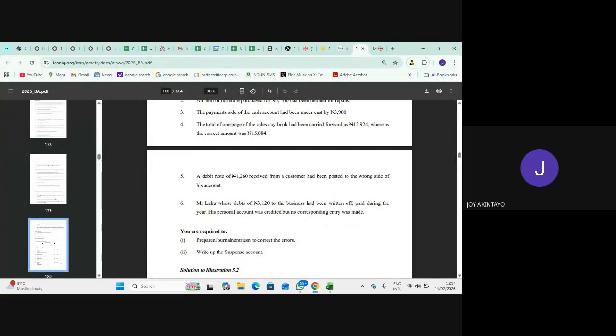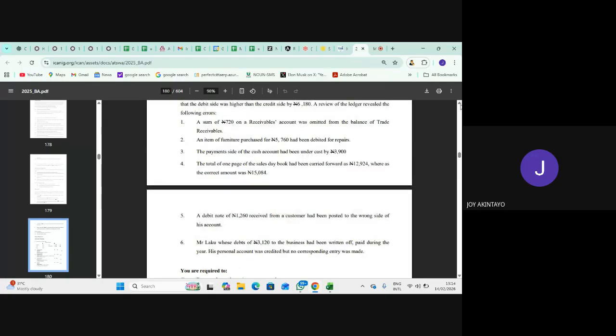the first one we have here, they said a sum of 720 naira on a receivables account was omitted from the balance of trade receivables. So it means the trade receivables we have has been undercasted by 720.